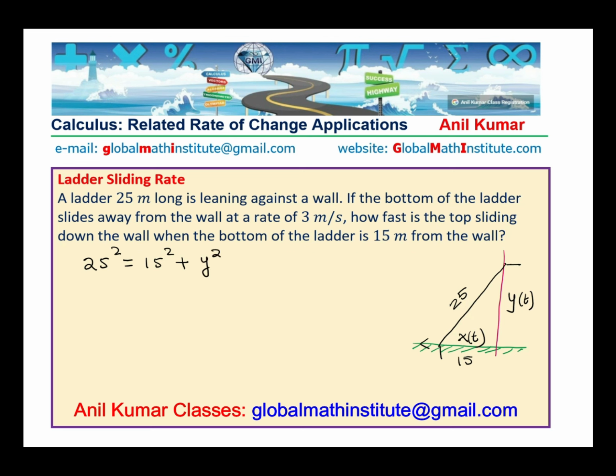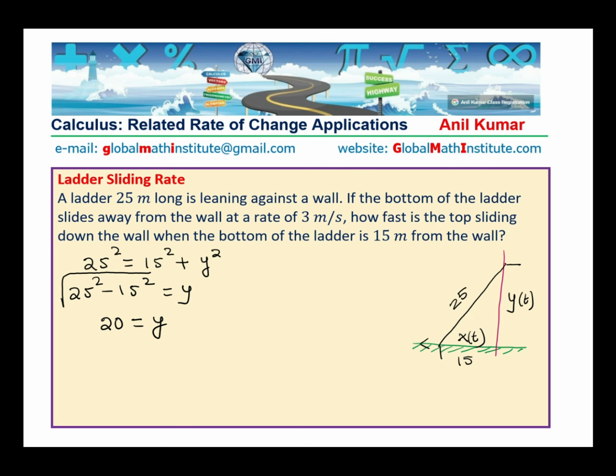So y is the square root of 25 square minus 15 square, which is equal to 20. So the value of y is 20 at the instance we are trying to calculate the rate of change.